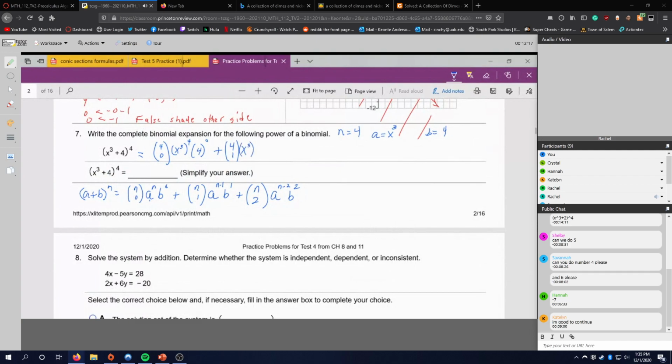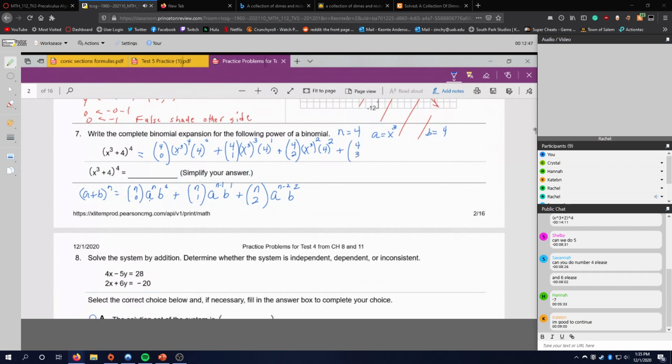Now I'm going to go down by 1, so that's going to be 3. And then 4, I'm going to go up 1, that's going to be to the 1st power. And then 4, 2, x to the third, that's going to be to the second power because I'm going down 1. 4 to the second power because I'm going up 1.